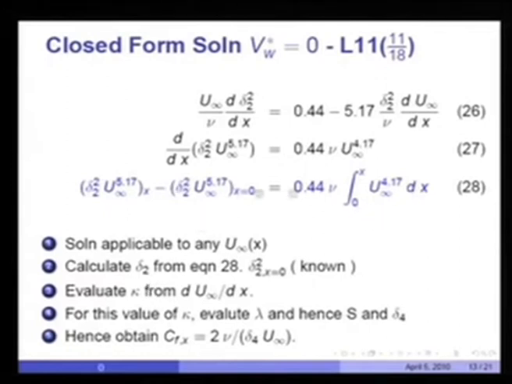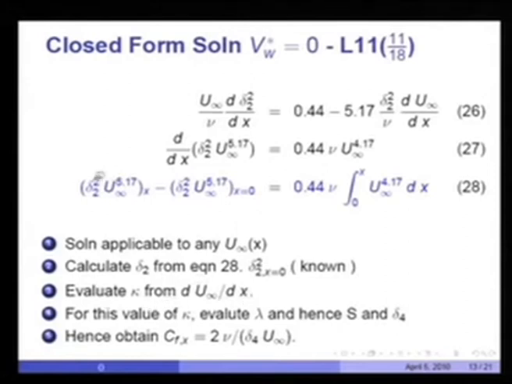We use this relationship to calculate delta 2 at any x, because u infinity at that x will be known. Of course, you must know delta 2 squared at x equal to 0. If you start from x equal to 0 itself, where delta 2 is 0, then of course, that term will be 0.